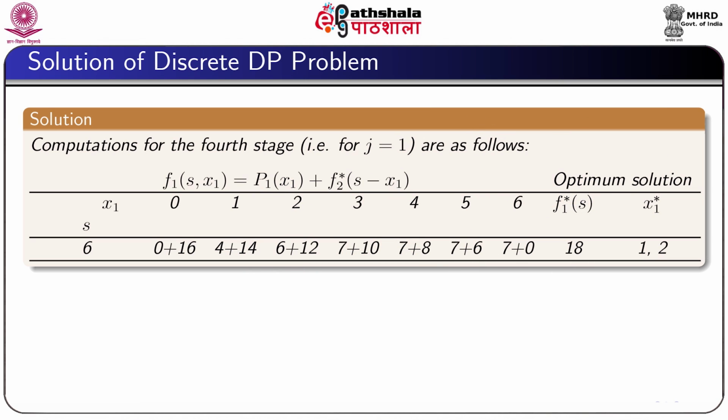When x1 takes the value 1, we have the remaining or available value of s as 4 minus 1, that is equal to 3, and if x1 takes the value 2, then we have the available crates equal to 2, and we can get the optimal value from the previous table.